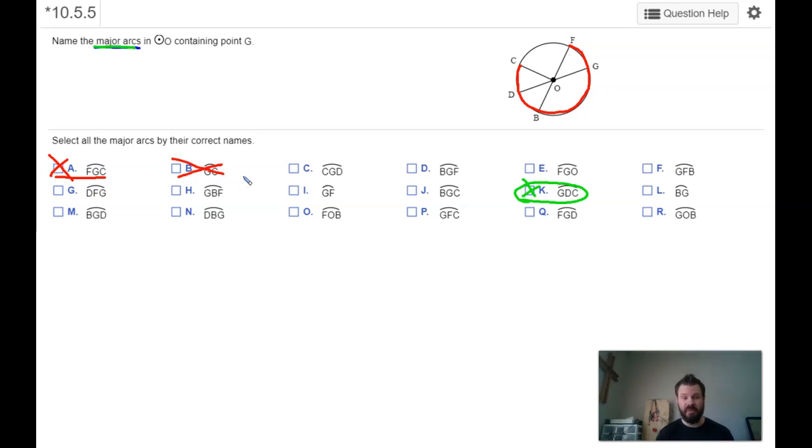I know I need at least 3, so I can eliminate that right off the bat. CGD, we'll do that here. C through G to D. Yep, that works, so we'll mark that one off. And then you can just go through the rest of them, marking them off. There's going to be a whole bunch of them. Like I said, if you don't quite get them all, that's okay. But I'd recommend going through backwards. That's going to be the way to do this problem.